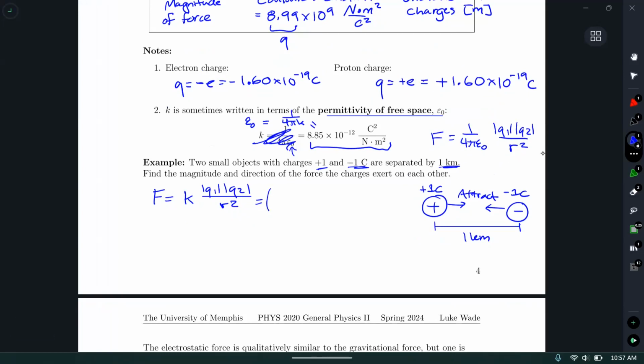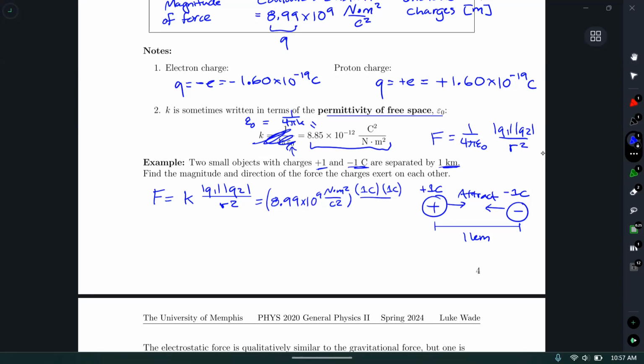Okay. So 8.99 times 10 to the ninth is what K is equal to, Newton meter squared per coulomb squared. Our magnitude is 1 coulomb and 1 coulomb. So you should not put a negative here because we took absolute values of both. That's what I mean about we already accounted for direction. Now that we've done that, forget about signs of charges because it will mess you up on directions of things later.